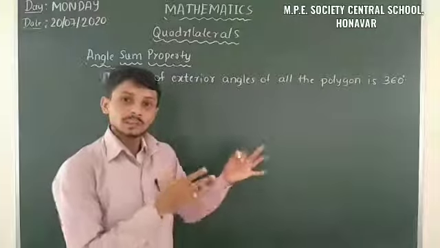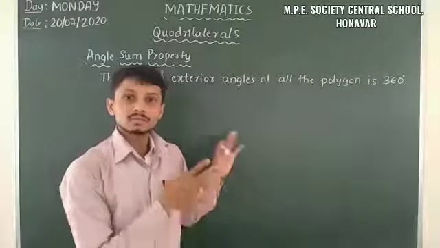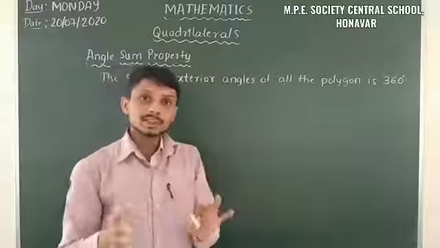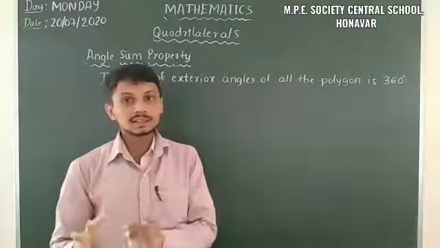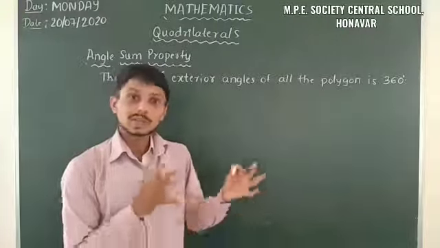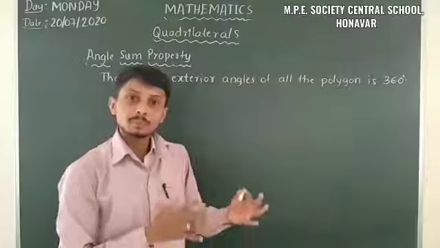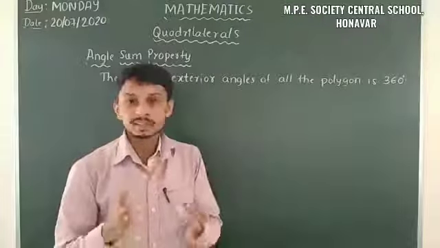We already proved that the sum of interior angles of a quadrilateral is 360 degree from the known term, that the sum of the interior angles of a triangle is 180 degree.